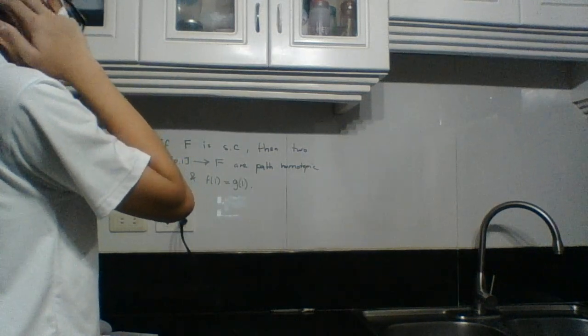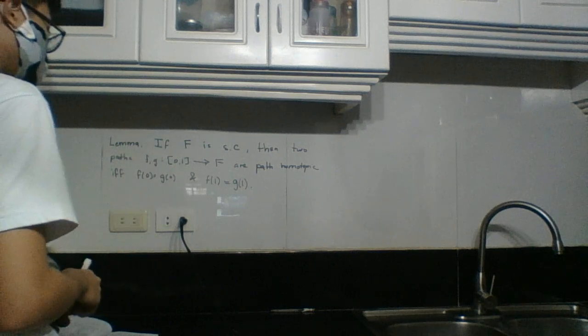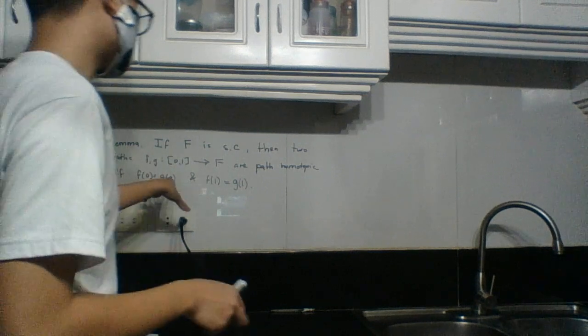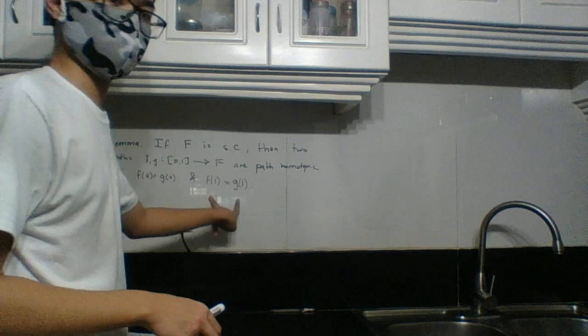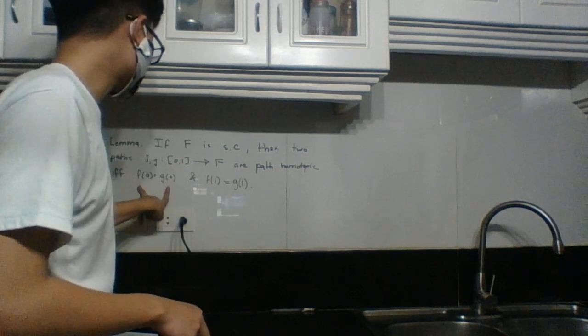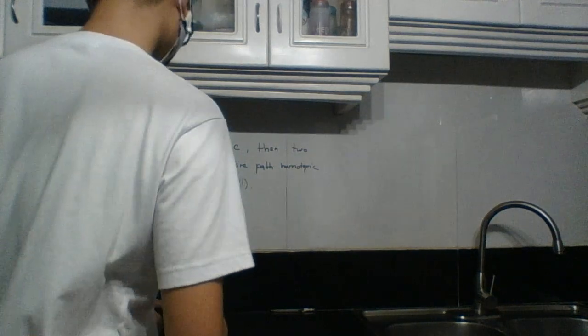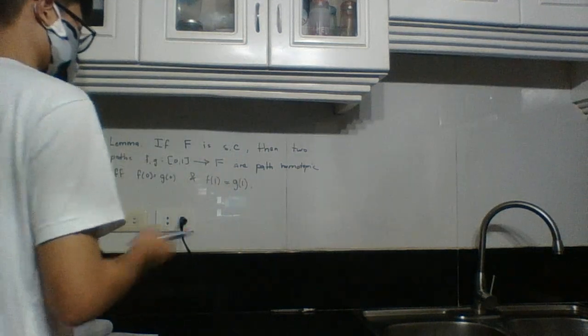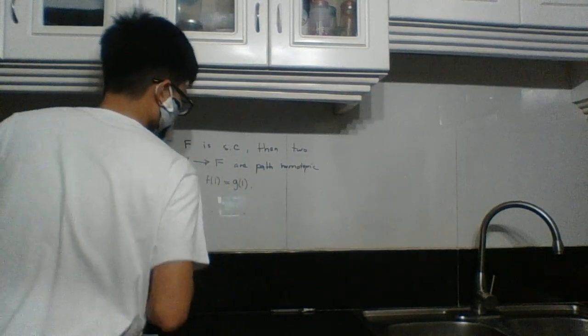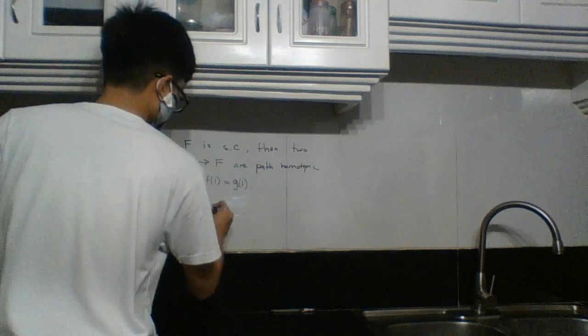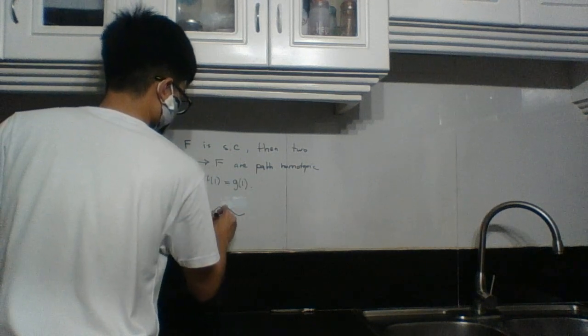So what we mean by this picture is that these two share the same starting points and the same endpoints. We can picture this as 2 points here, which are f of 0 and g of 0, and then this is f, this is g.